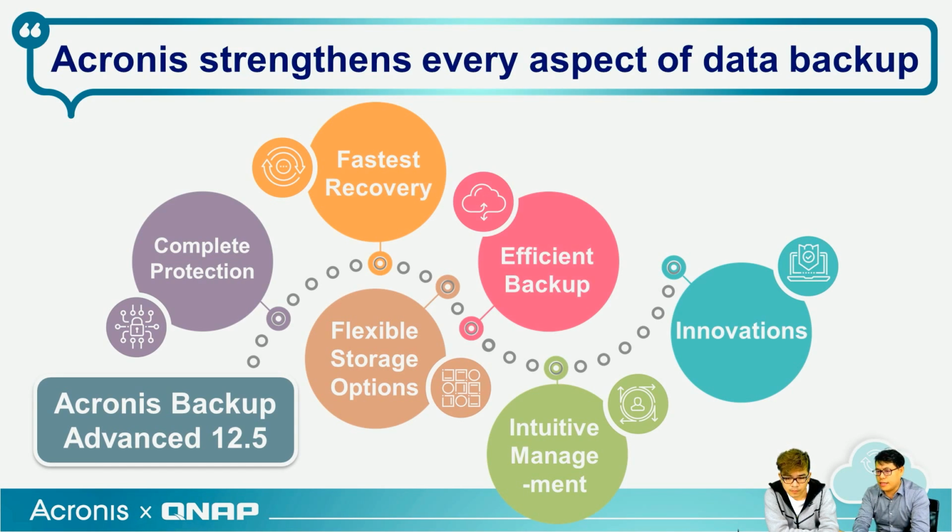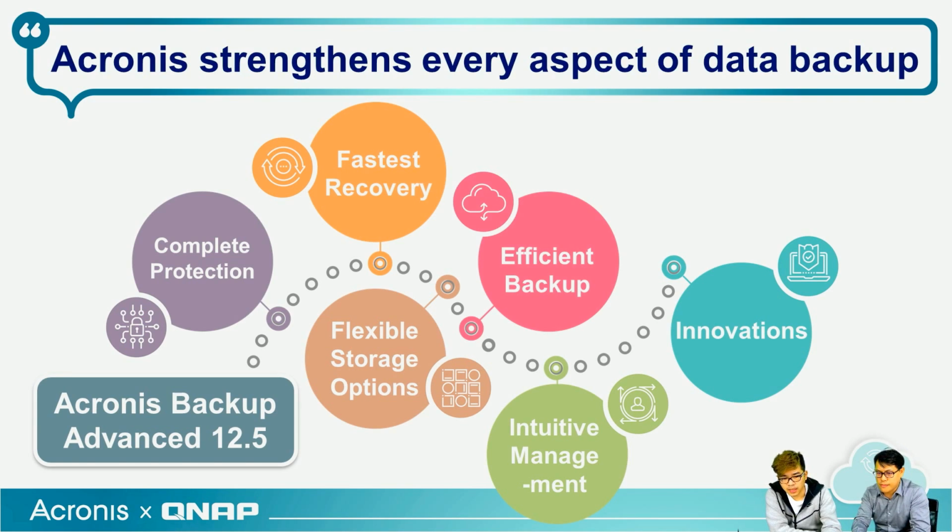And for the innovations, Acronis provides technology like Acronis Active Protection. It can detect the behavior of ransomware. So if ransomware starts to attack the system, it can detect this kind of behavior as a pattern. Because ransomware will open the file and encrypt the file, and once Acronis Active Protection detects this kind of behavior, it will stop the process and protect your data and even the backup data.